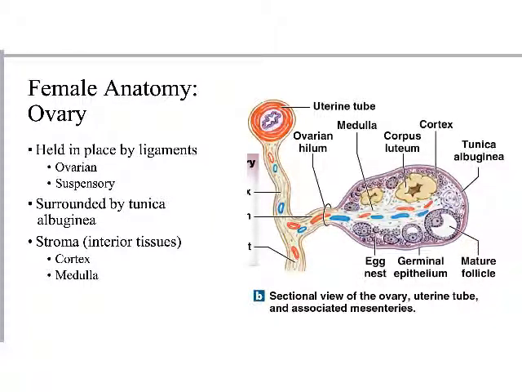So the ovary is full of follicles. Follicles are just like little sacs of fluid, and those follicles are in different stages of development. The purpose of the follicle is to produce a mature egg, just like we talked about spermatogenesis producing a mature sperm. The eggs, the oocytes, also have to go through a process of maturation, and that process happens in the follicles.